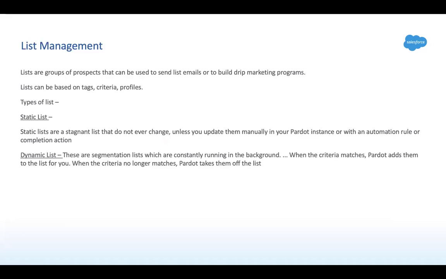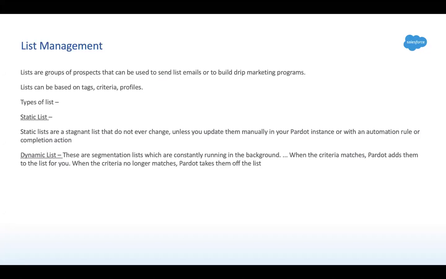So these static lists do not change. So if we have a list created, it has 5,000 subscribers or 5K subscribers, it would stay the same, right? It would add up when we refresh it manually. But dynamic lists have rules or criteria, and those are constantly changing based on the criteria or the rules that we apply.